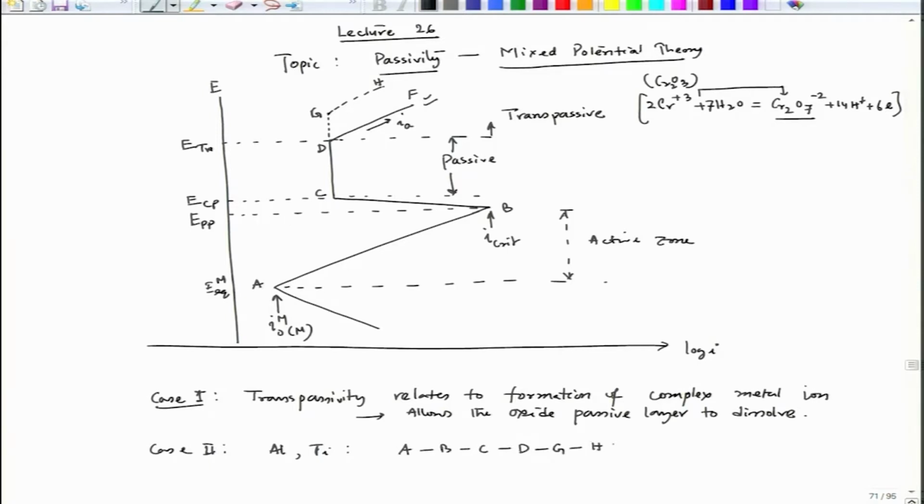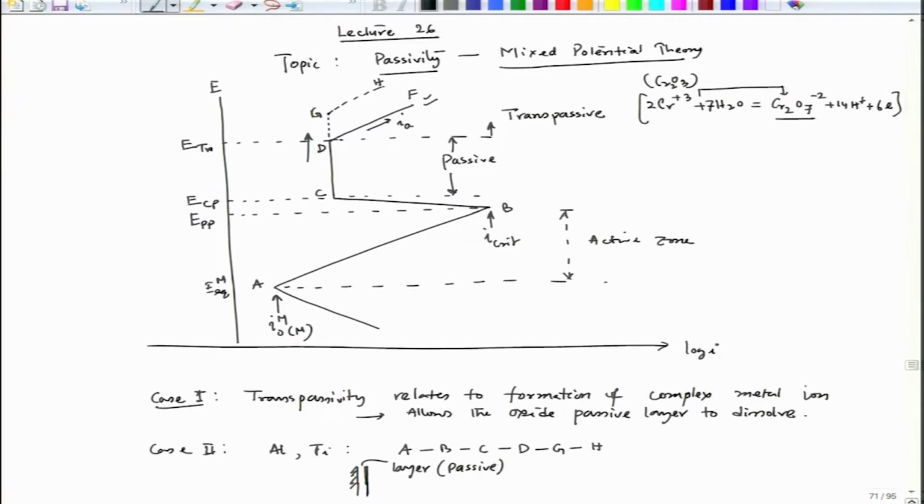At a higher potential, since I am increasing the potential, my layer thickness, this is the metal surface, let us say, and this is the passive layer that is forming.